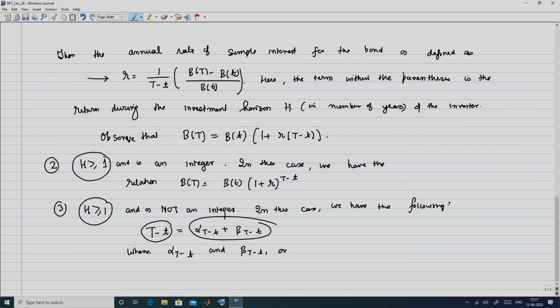These are the integer part and the decimal part respectively. So, basically I take capital T minus small t and decompose it into an integer and a decimal part. So, alpha(T minus t) is the integer part and beta(T minus t) is the decimal part respectively.